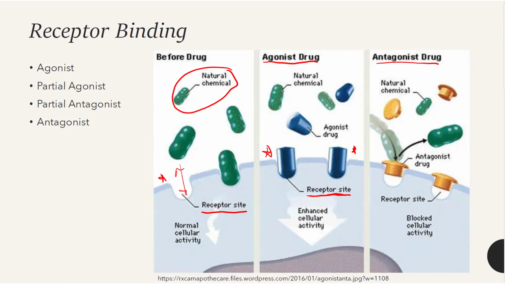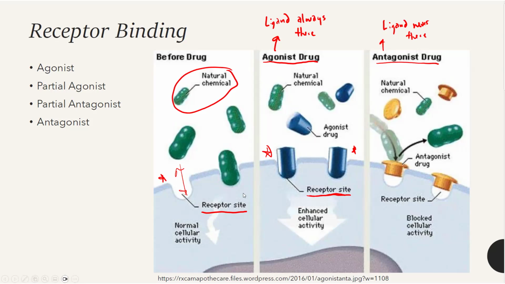So the agonist, you can look at that as the natural ligand, the natural chemical, always there. The antagonist is the ligand, I draw a little arrow so I can make it similar, is never there because it can't go there.